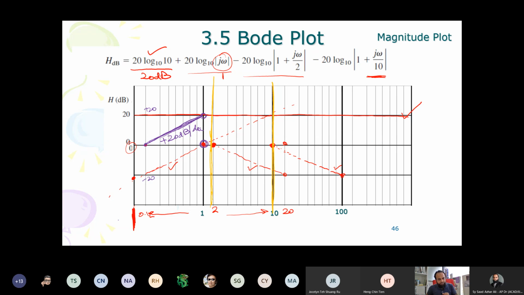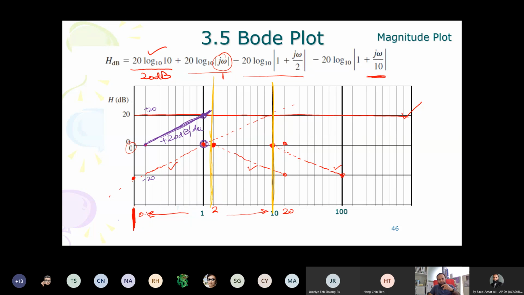Okay, but listen carefully now. What is happening beyond 1? Anything added so far beyond 1? I'm not reaching 2 yet. Anything adding beyond 1? Yes, okay, nothing added. So we'll keep on going with the same slope until 2.